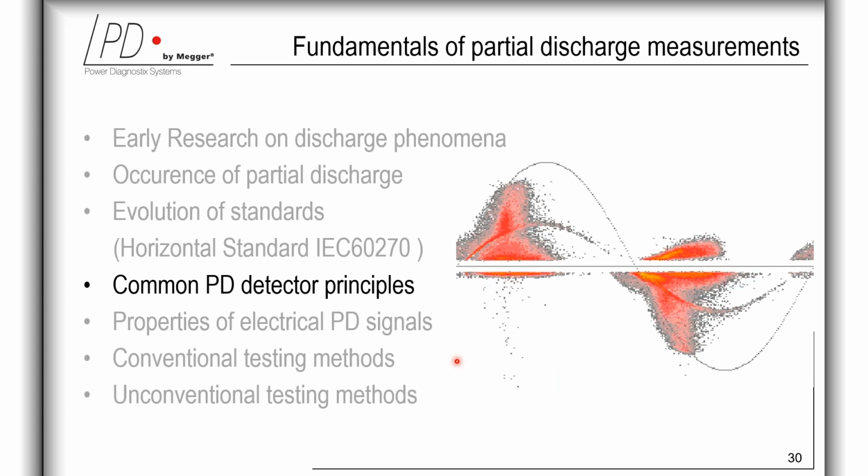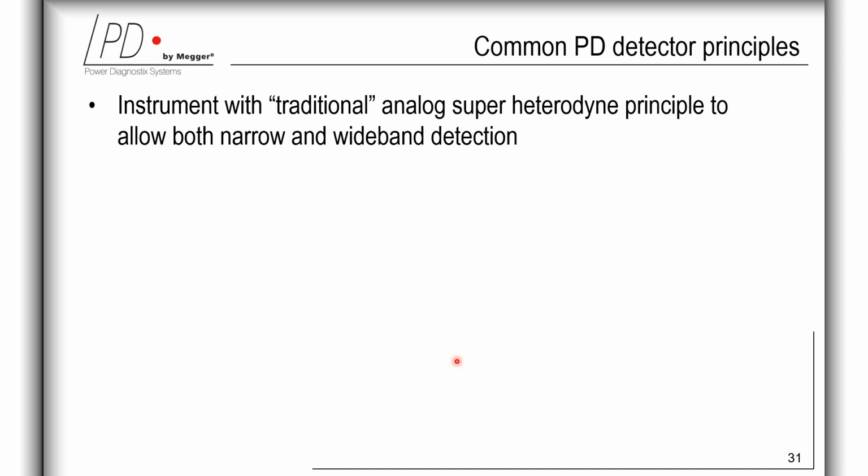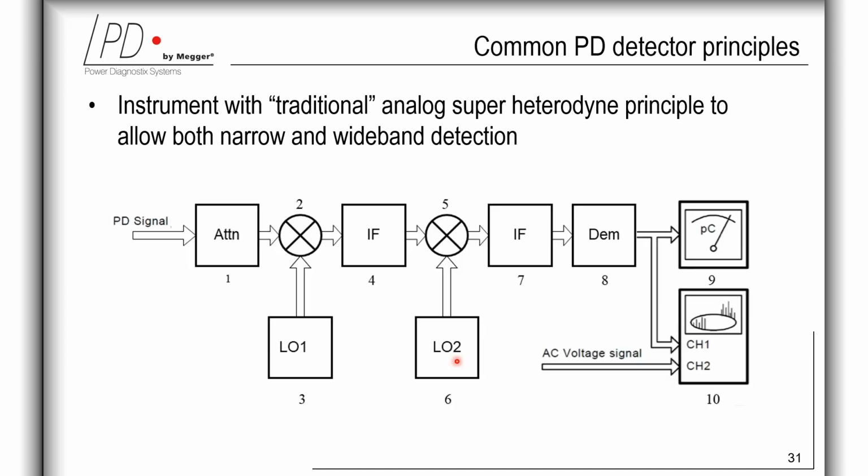So now we are moving into common PD detector principles. Measurement receivers and their construction pose the main heritage of partial discharge testing, and the early instruments follow the heterodyne principle of such receivers. With the heterodyne principle, the input signal is mixed with the signal of the local oscillator, and the output of the mixer contains both the differential as well as the additive signal.